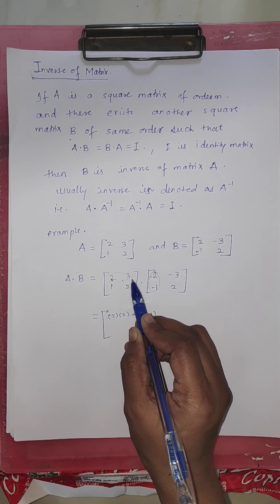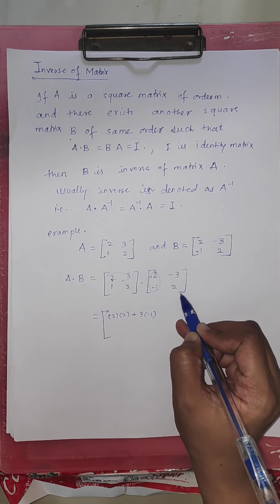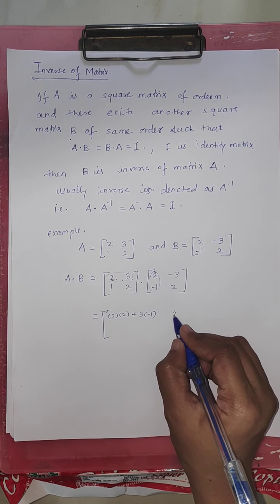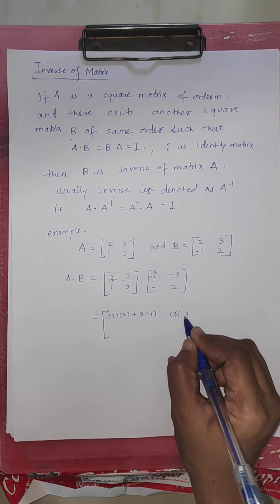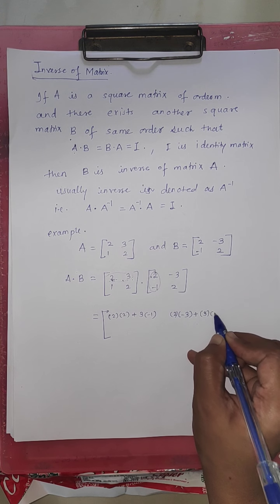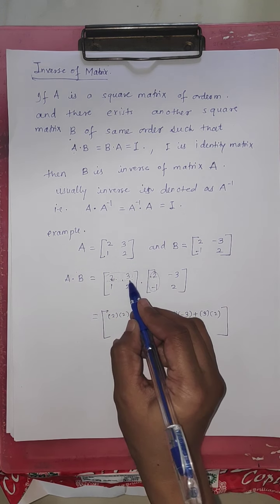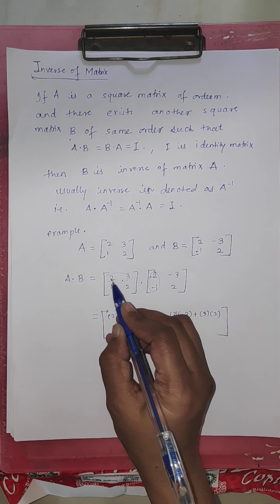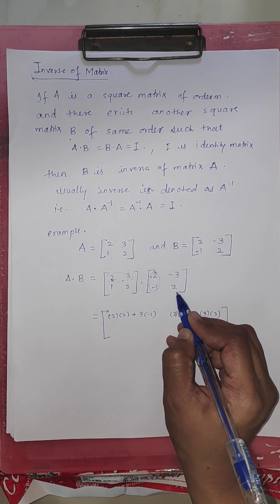Now the same first row is multiplied with the second column, 2 into minus 3 plus 3 into 2. First row multiplied with first column, first row multiplied with second column.